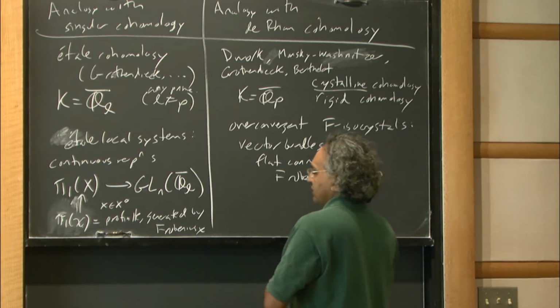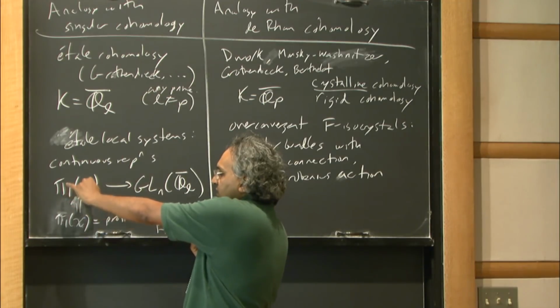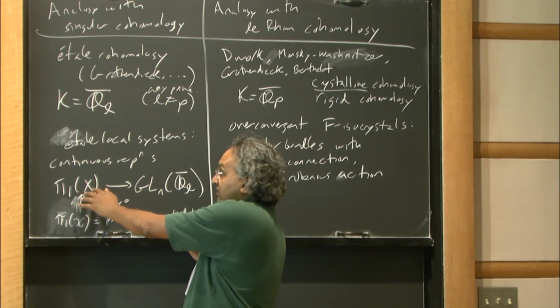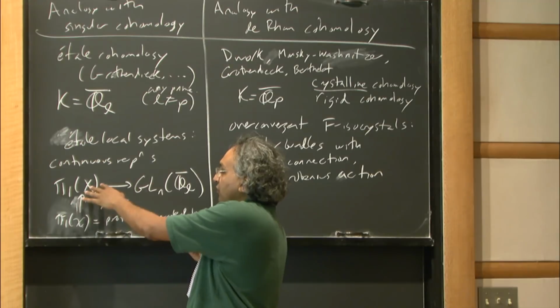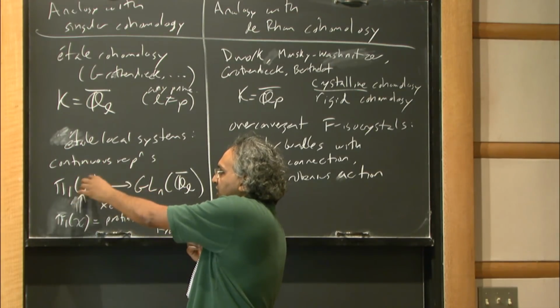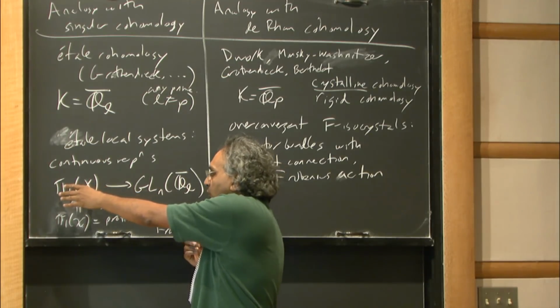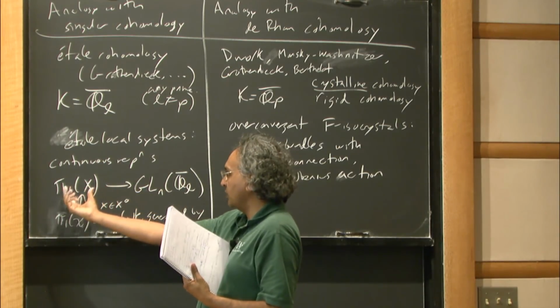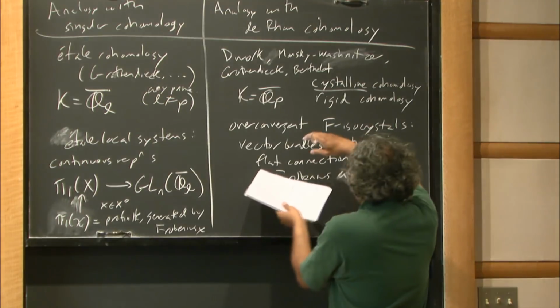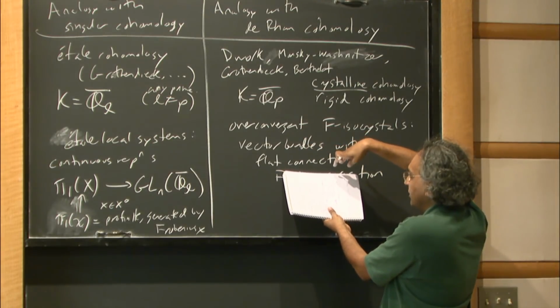This corresponds to the fact that here I'm taking the fundamental group of X as a scheme over a finite field, not X base changed to an algebraically closed field. That would be the geometric pi1. If I were talking about geometric pi1 over here, that would correspond to vector bundles with a flat connection.